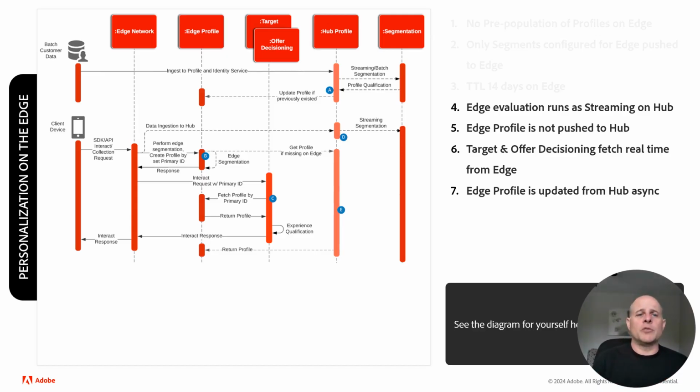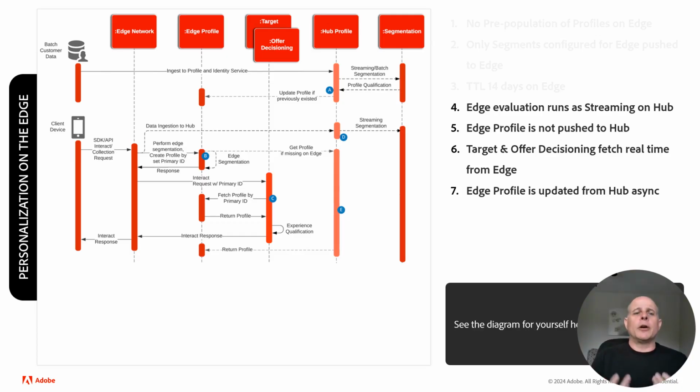From there, it's going to respond back to the edge network. The edge network then needs to tell Target and audience offer decisioning, basically that we have an interact call here. And here's the primary identity by which we are interacting with. From there, the request is made to say, give me the profile, and it responds with the profile.